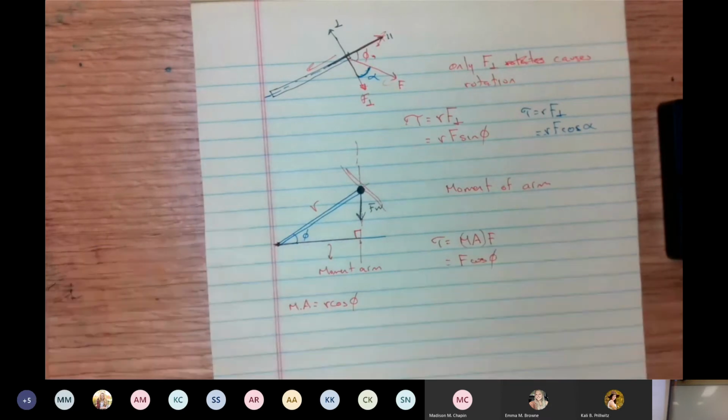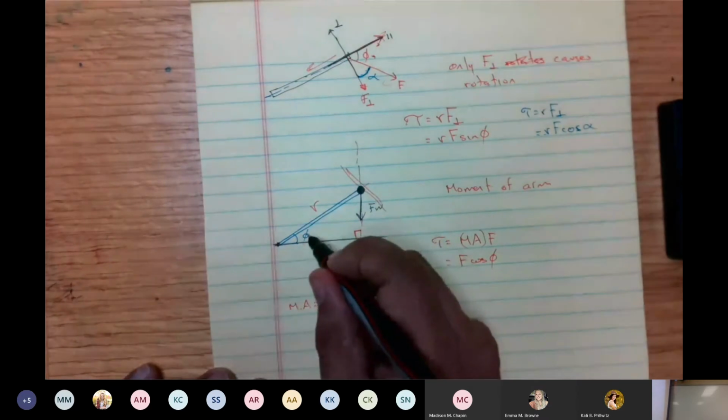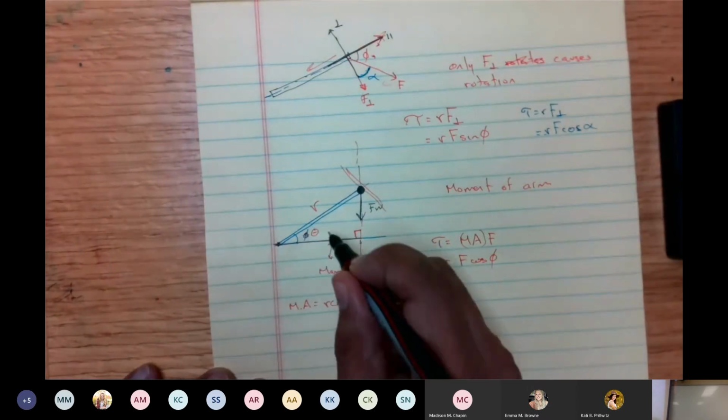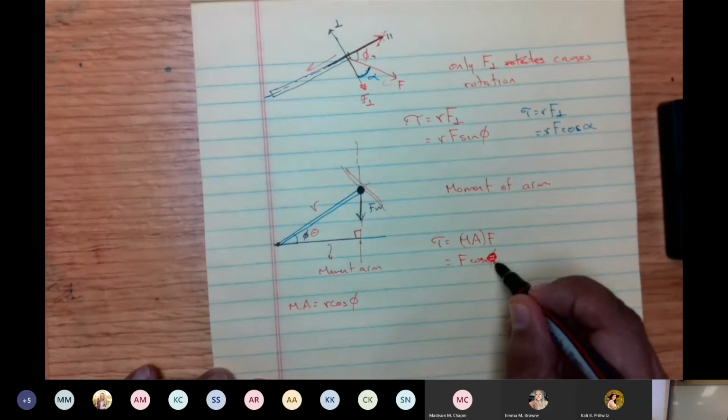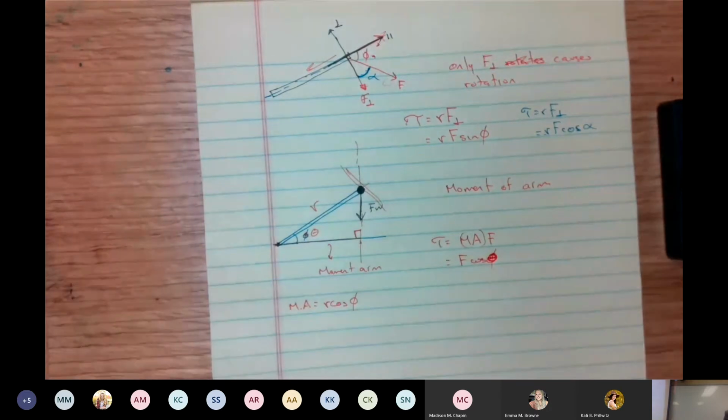I'm not going to call this phi, I'm going to call it theta, just to not confuse it with the other one. Okay, makes sense? So those are two ways that you can try to calculate the torque.